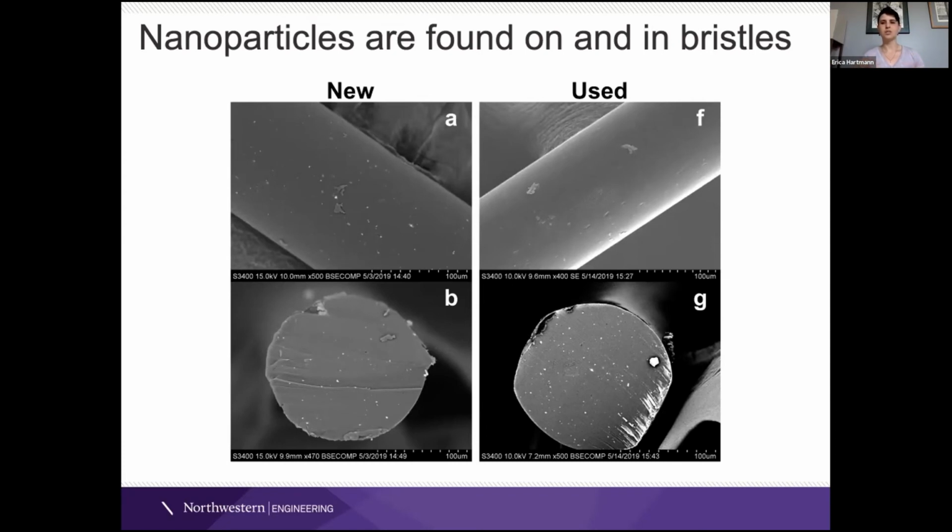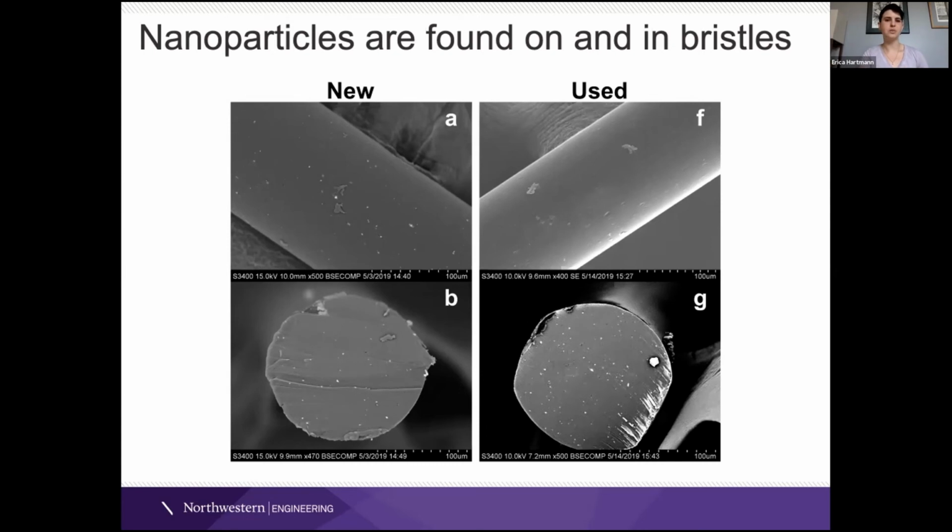And what we saw is that just due to mechanical abrasion over time, the nanoparticles on the surface would fall out and leave these divots. You can see there are these little pocks that form in the sides of the bristles. And this is important because the more topology there is on the surface, the easier it is for microbes to attach to that surface.